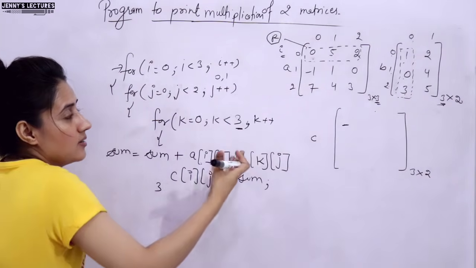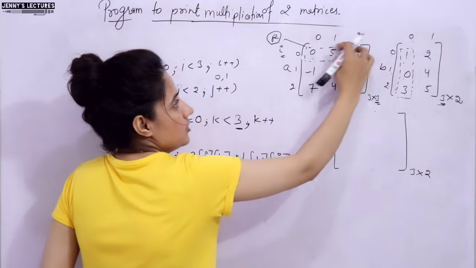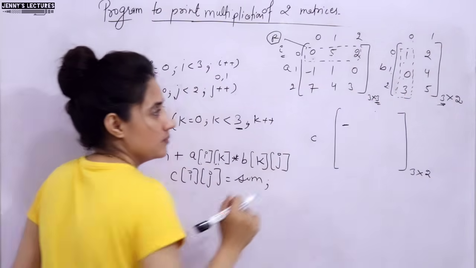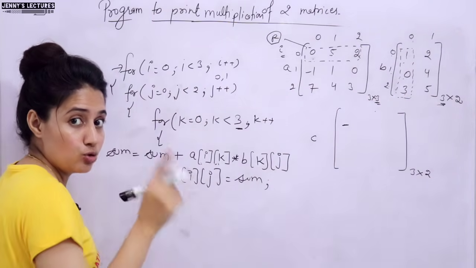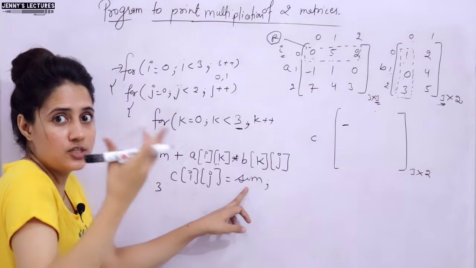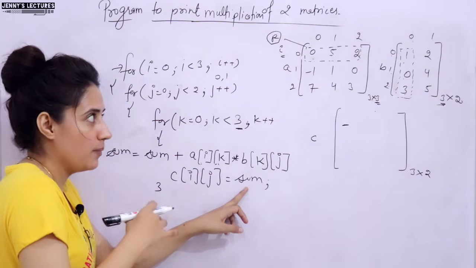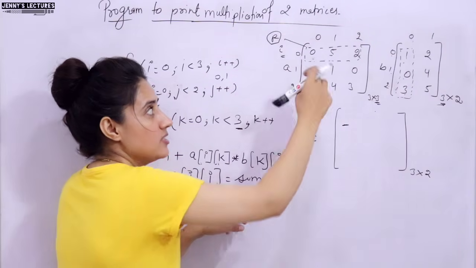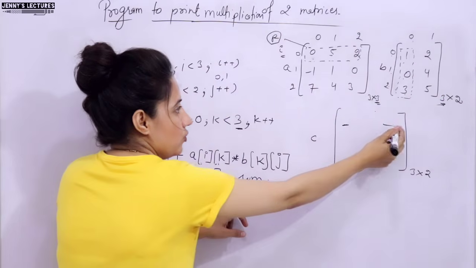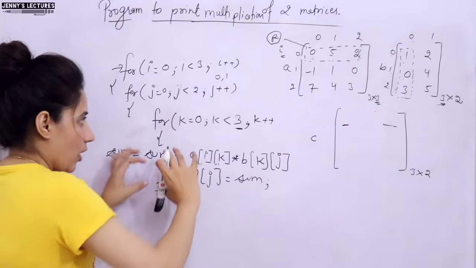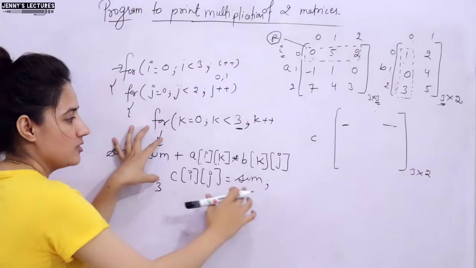Now again we will do this for the same row but the next column, right. So sum you have to initialize again with 0, otherwise it will take whatever the value in sum and add this and this to that sum value. So whatever you get here would not be correct. So after this loop again we will initialize sum with 0.